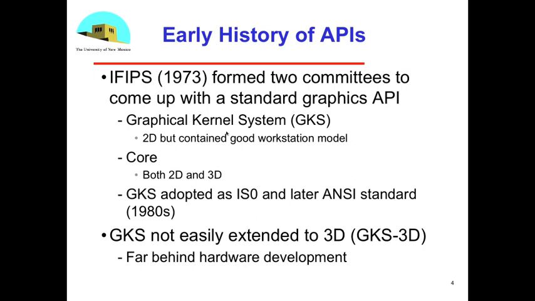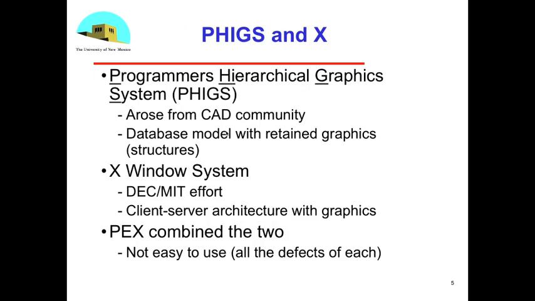We had the first Sun 2 workstations in New Mexico, and it was on those stations that I started teaching computer graphics. Core was interesting. It had problems, but going from having nothing, just being able to put pixels up on the screen and draw lines, to having real 3D software was a real advance for us.